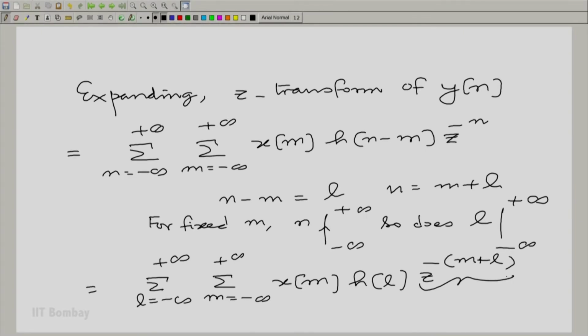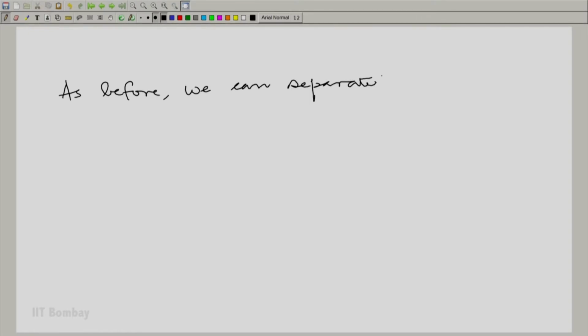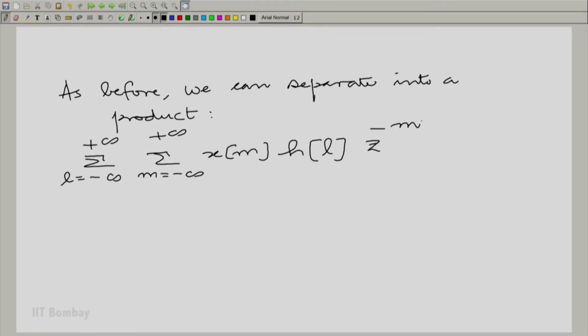And we can break this down into z to the power minus m times z to the power minus L. We can now separate this into a product.